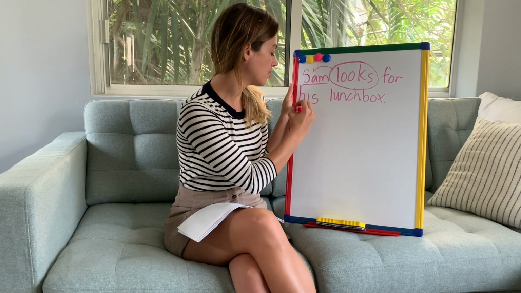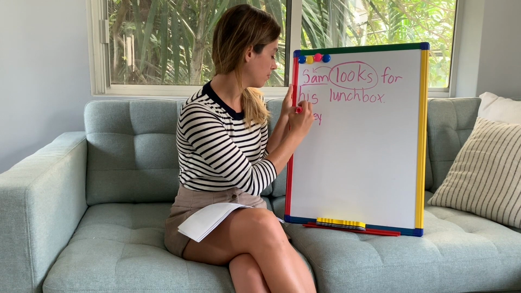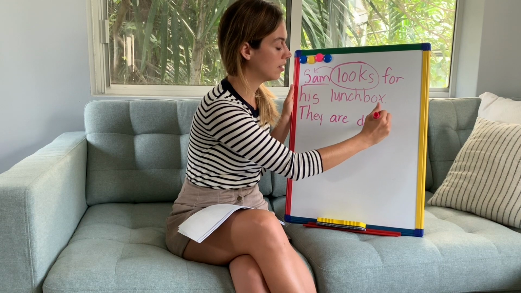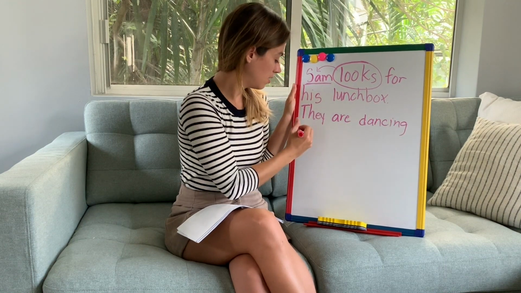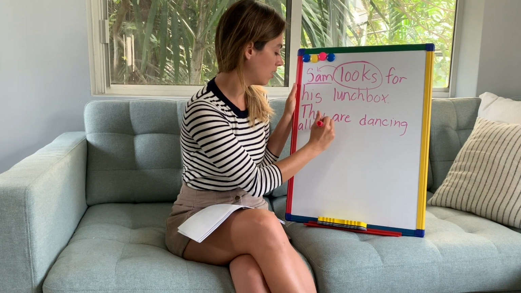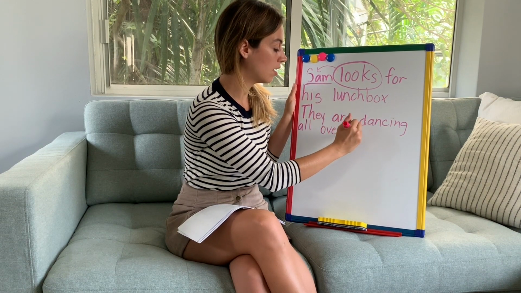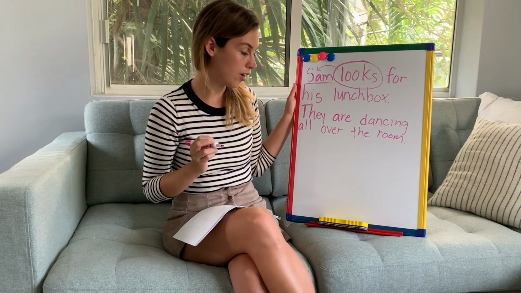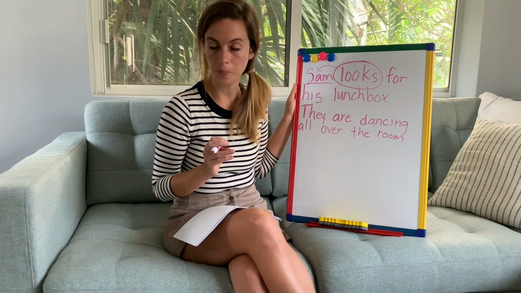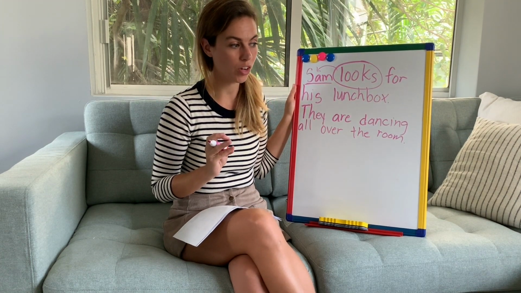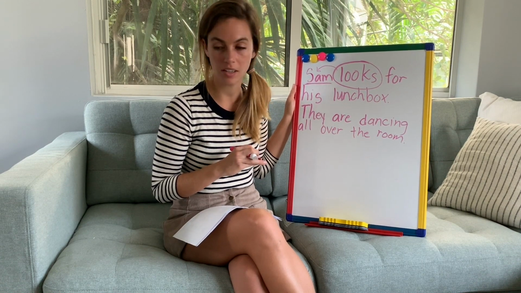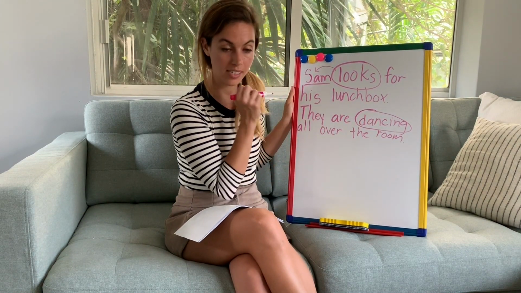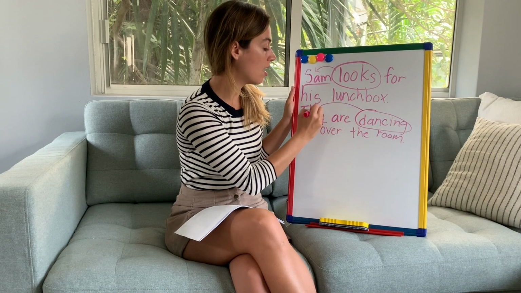Okay, our next sentence. They are dancing all over the room. They are dancing all over the room. Raise your hand if you know the verb. What's the action word? Dancing. Good. And it's telling us what they are doing.